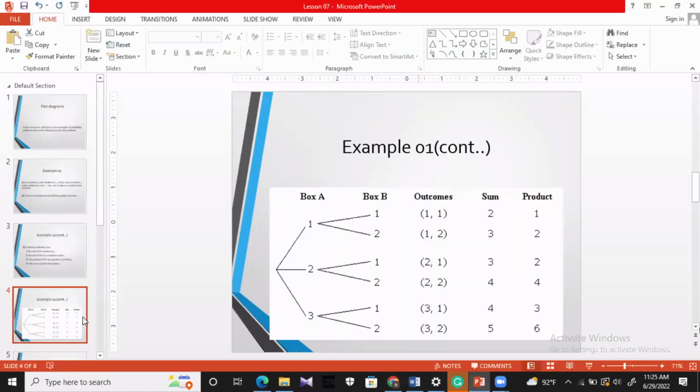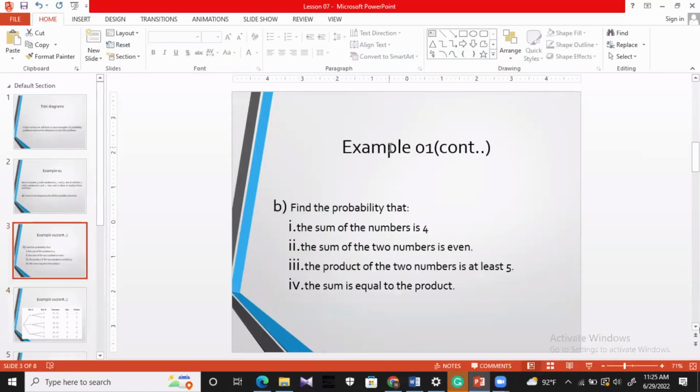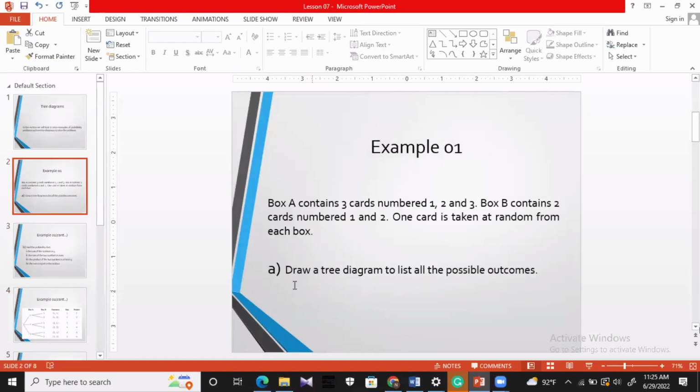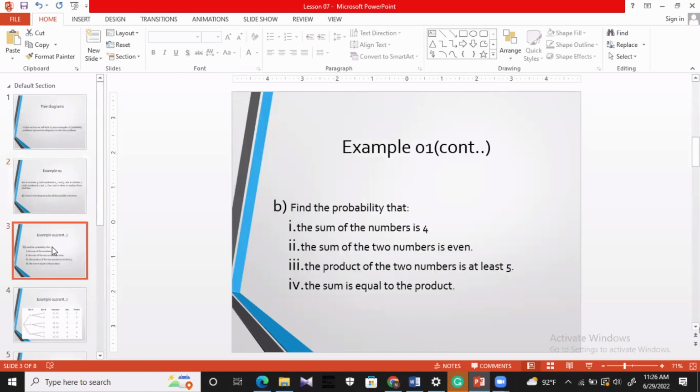Here, part A says draw a tree diagram to list all the possible outcomes. Now we have done it. There's no worry. But when you answer part B, we have to find the probability that the sum of the numbers is 4.